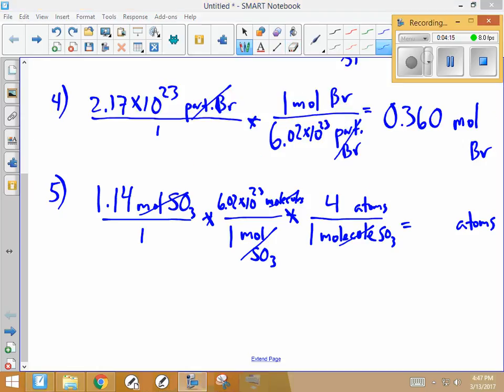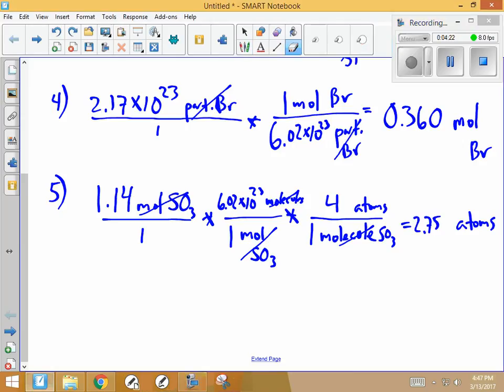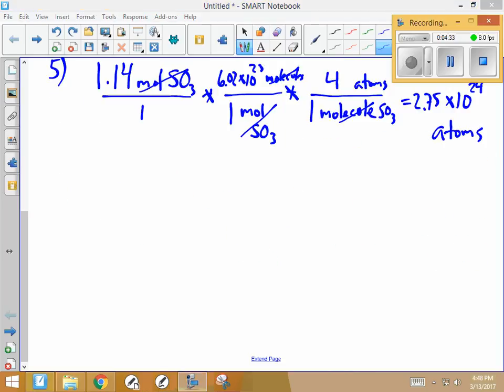And when we do the math, we get 2.75 times 10 to the 24 atoms. Number 6 is similar, but a little more complex.